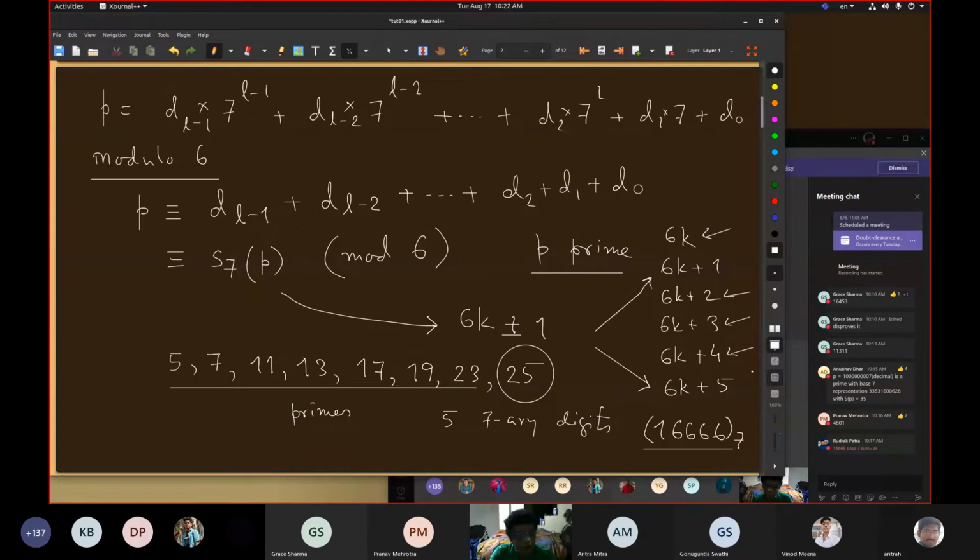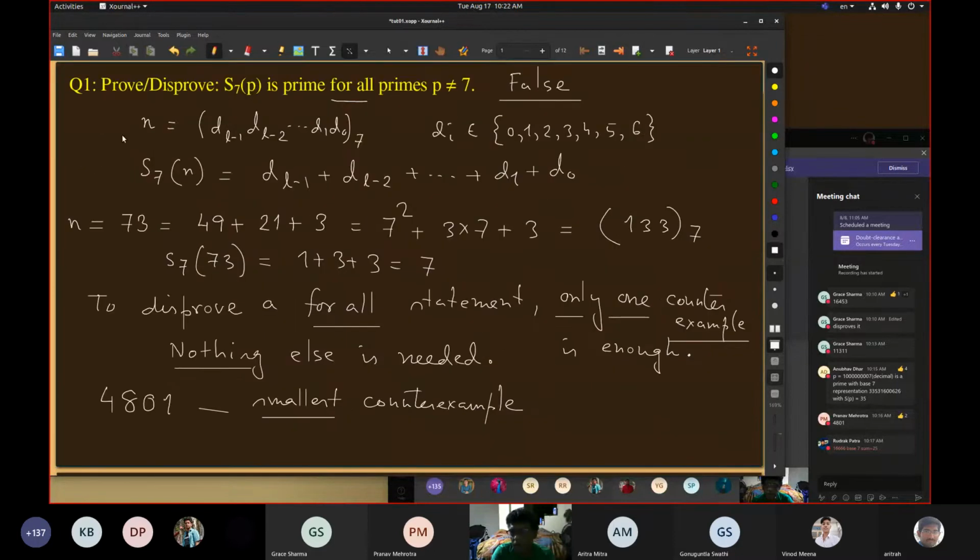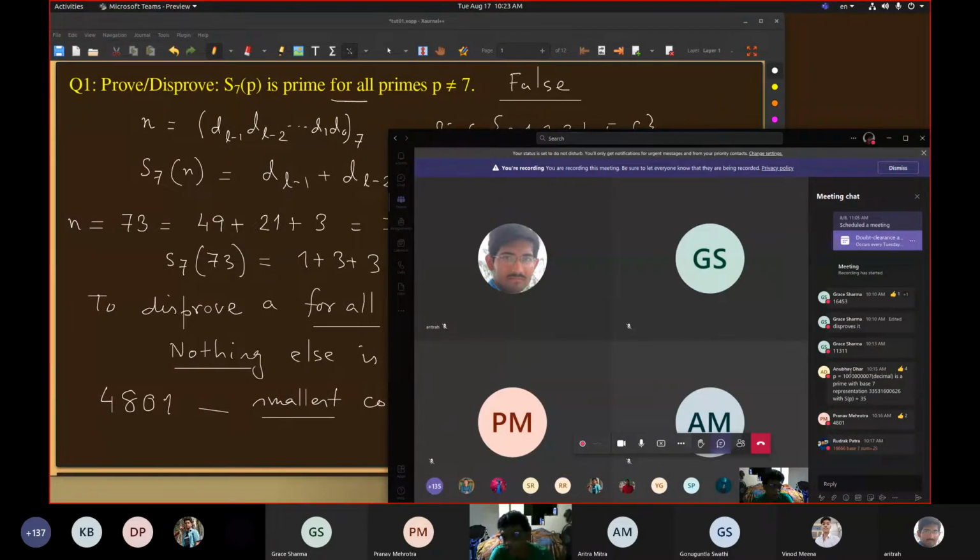But for a formal proof that this statement is false, you only give any of these counterexamples: 16453, 11311, or this one followed by many zeros, 7. Any counterexample is more than enough and just enough.